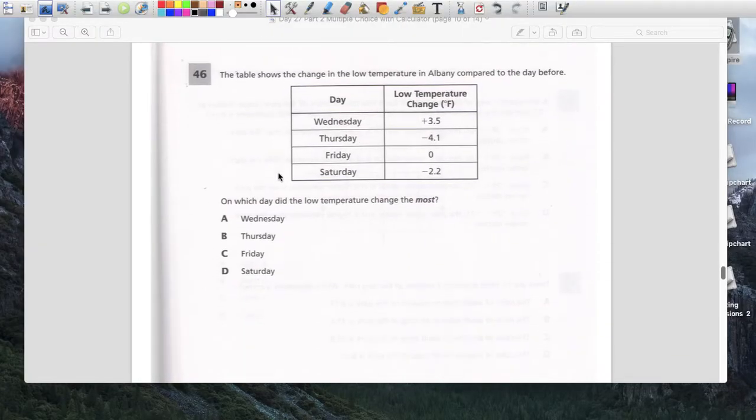46. On which day did the low temperature change the most?